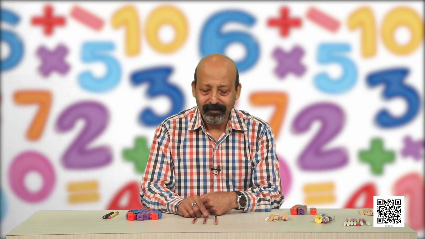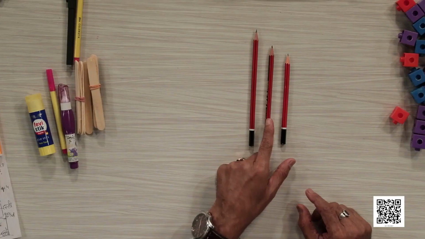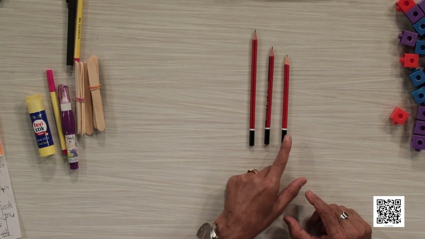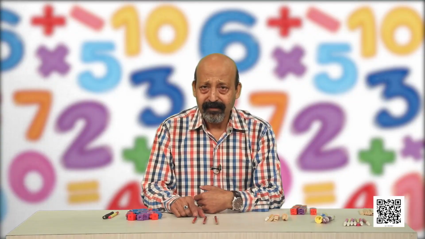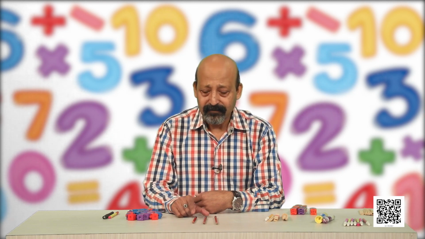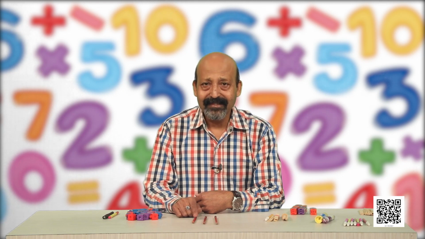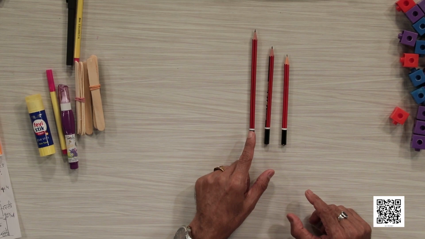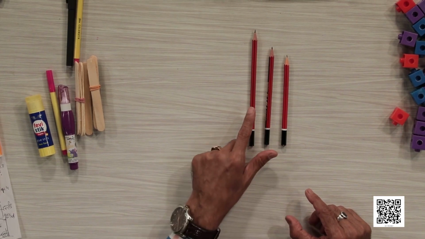Yes, it is both. It is shorter than this longer pencil and it is longer than this shorter pencil. So, this middle one is longer as well as shorter. So, now once again let us see, this is the shortest pencil and this is the longest pencil.